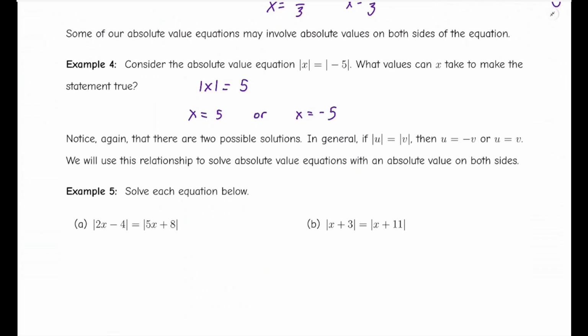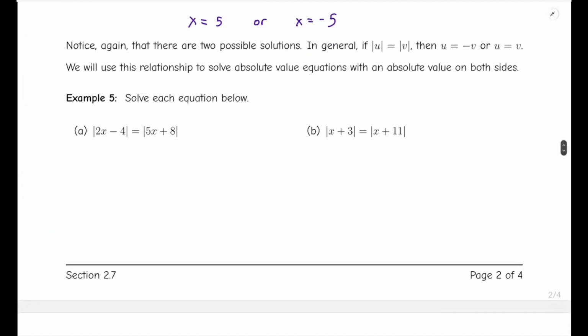Example 5, solve each equation below. Again, we get two absolute values, so this will be 2x minus 4 equal to 5x plus 8, or 2x minus 4 equals negative (5x plus 8). Notice how I'm putting the 5x plus 8 in parentheses when I add the negative sign.